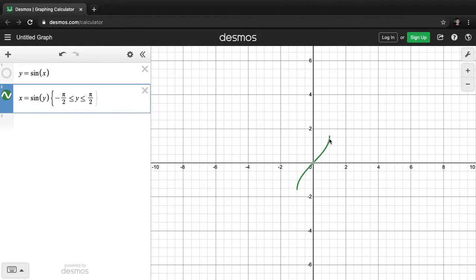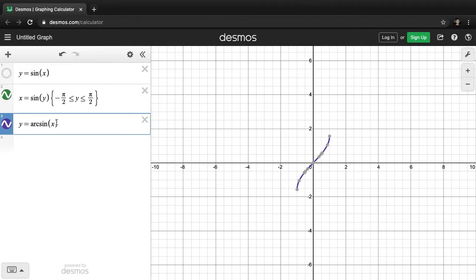Because if I go any further, up to 5 pi over 6, this would start to go back on top of itself. If I were to go down further, it would start to go back on top of itself. So we do restrict that domain. That's why if I were to write y equals arc sine of x, they would just draw that part.